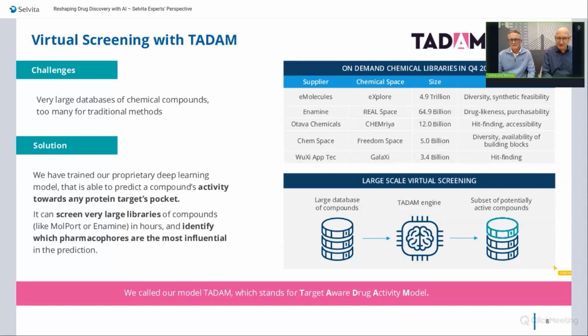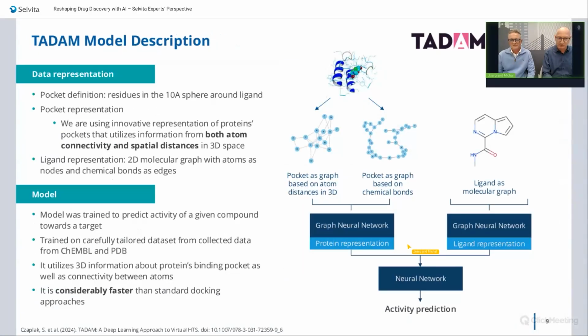The architecture of this model is described in the paper, and you can see the link on the lower corner, and it will be included in the email that reaches you hopefully tomorrow, where we will point also to this publication. You will find all the technical details there. But let me go shortly through the description.